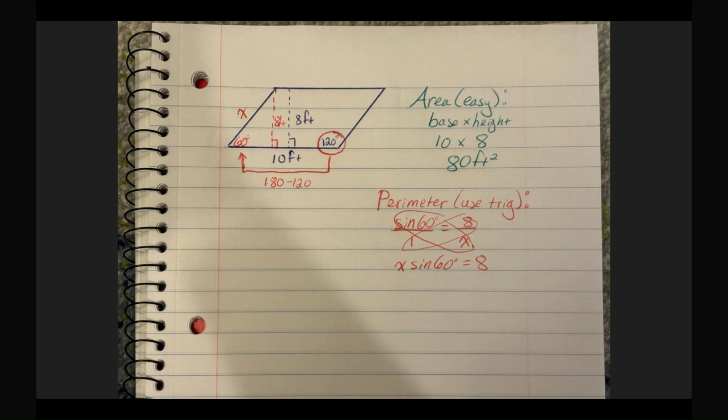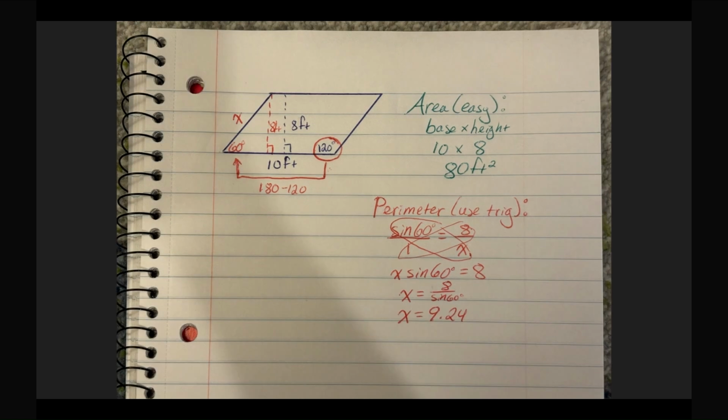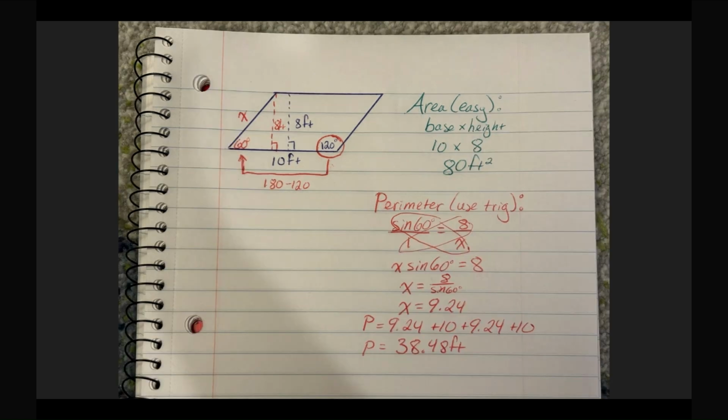Cross multiplying, x times the sine of 60 degrees equals 8. Divide both sides, we get x equals 8 over the sine of 60 degrees, and punching that into our calculator, we get that x is 9.24. So then finding the perimeter, we're going to have to add up all four sides. So we've got 9.24 plus 10 plus another 9.24 plus another 10, and our perimeter here is 38.48 feet.